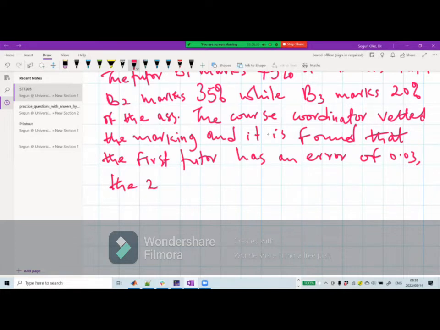The second, 0.05. And the third, 0.04 error.